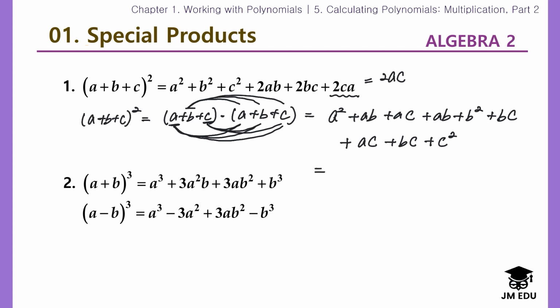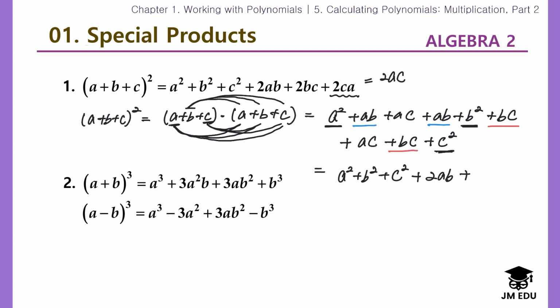So that is equal to, we have a squared, b squared, plus c squared, plus, like terms, we have ab and ab. 1ab plus 1ab, that's going to be plus 2ab, plus, let's look at bc. We have 1bc, 1bc.